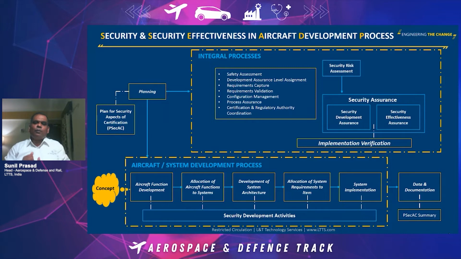Now coming to the top block that you have here, which are implementation of security risk assessment and verification and assurance of that. Right. So there are two aspects here. One is the development assurance, and another is security effectiveness assurance.